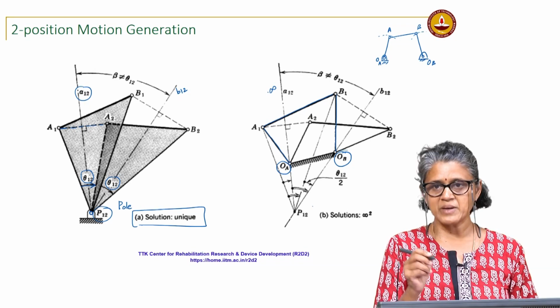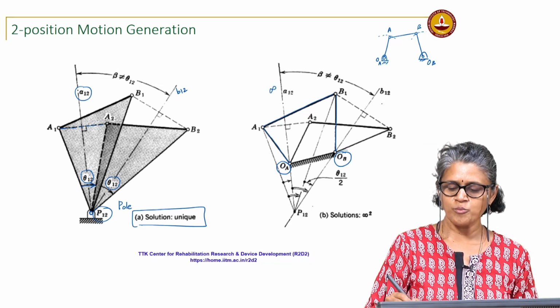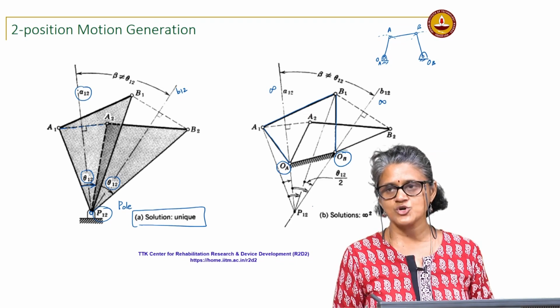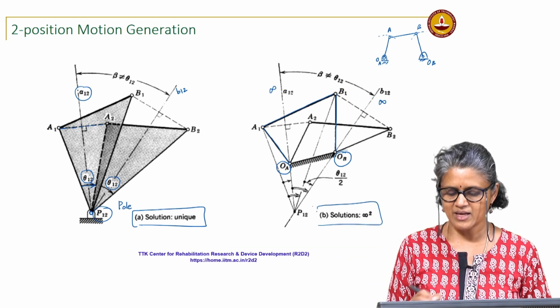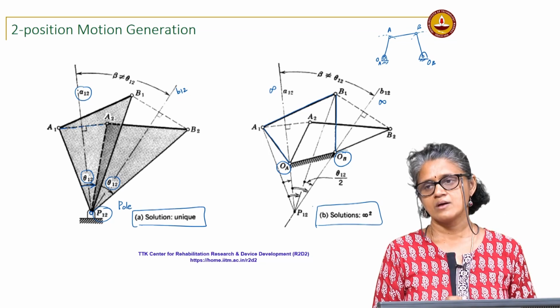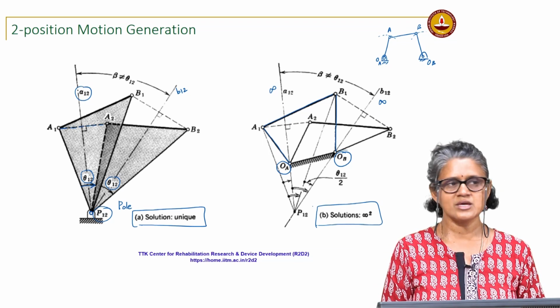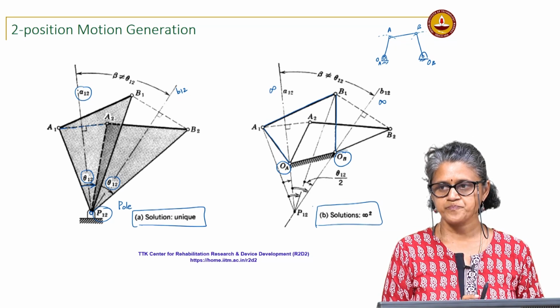Okay. So, I can pick a point that lies on that line. Similarly, for OB I have an infinity of choices. Okay. So, I say that I get infinity square solutions for the 4 bar to achieve this 2 position synthesis.